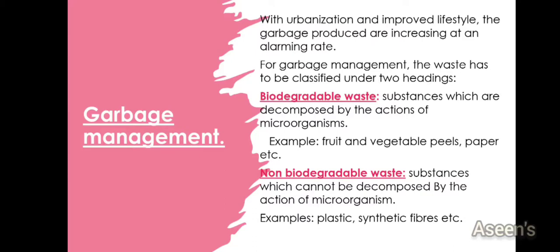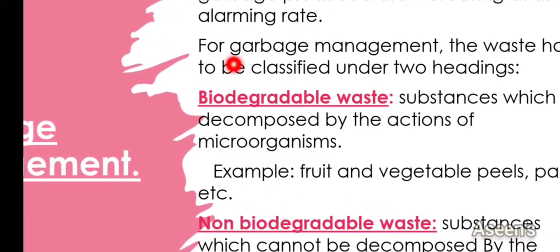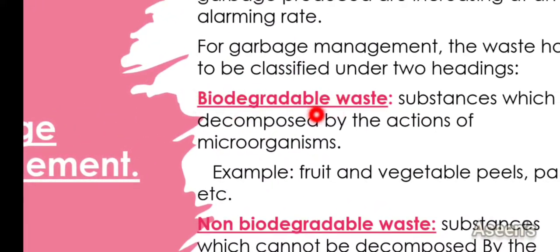First, we are going to separate them. We are going to divide our waste into two categories: biodegradable and non-biodegradable. Biodegradable here refers to the waste which can be decomposed by living organisms, that is bacteria, fungi and all.